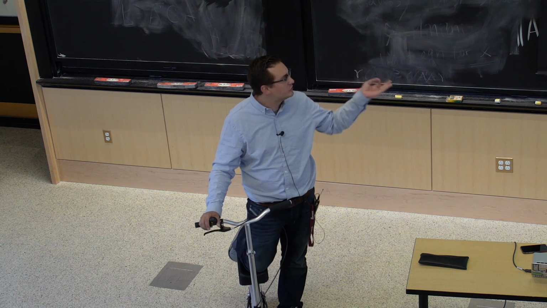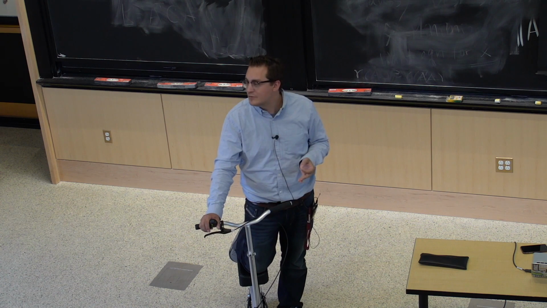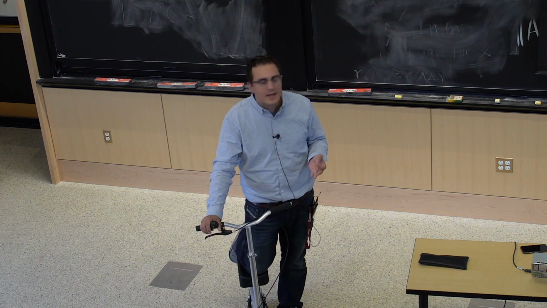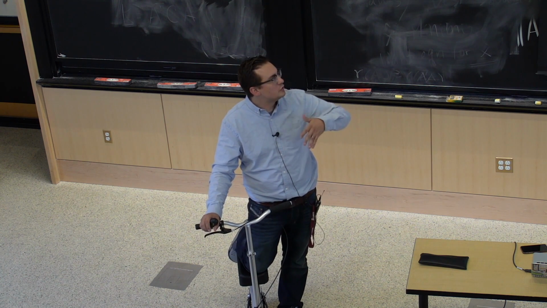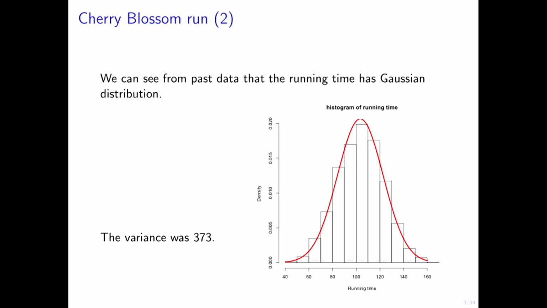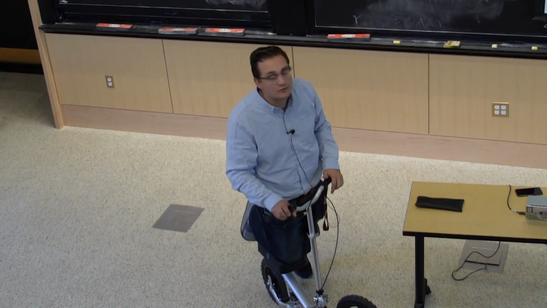You estimate the variance, which was 373. And you just try to superimpose the curve with this one, which is a Gaussian PDF, with mean 103.5 and variance 373, and you see that they actually look very much alike. And so here, you're pretty comfortable to see that the running time actually has a Gaussian distribution.